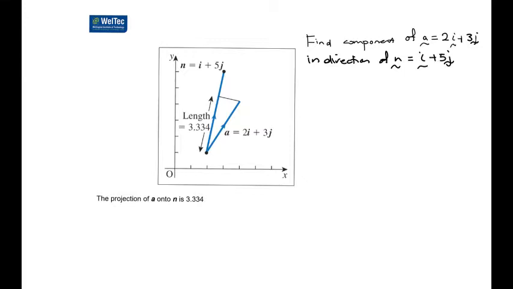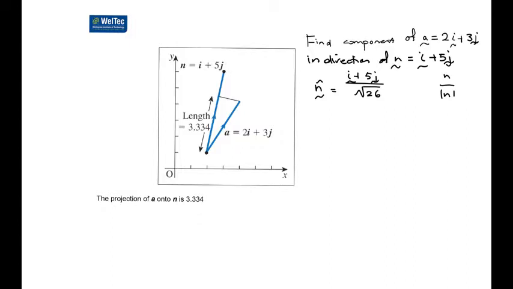So the unit vector of n must be the vector divided by its length, because that's n over the length.